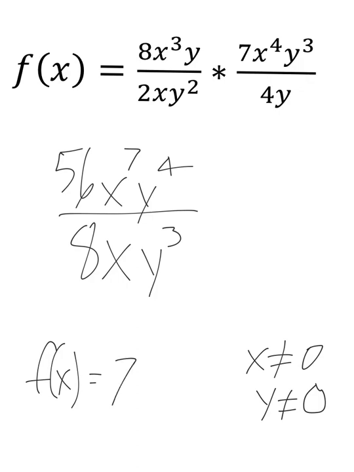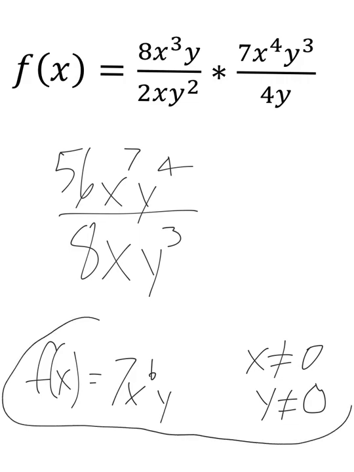That makes 7. Subtract your exponents now. If you add them while you're multiplying like bases, subtract them when you're dividing with like bases. So 7 minus 1 is 6, and 4 minus 3 is 1. So f of x equals 7x to the 6 times y, where x can equal 0 or y can equal 0, okay?